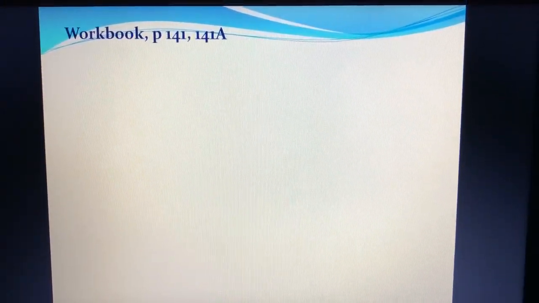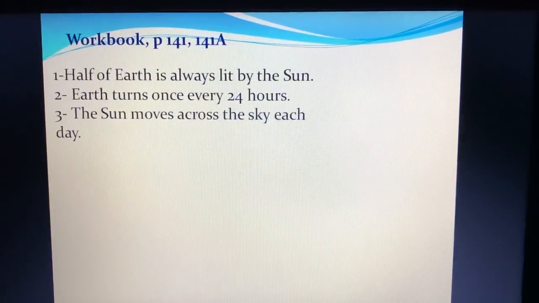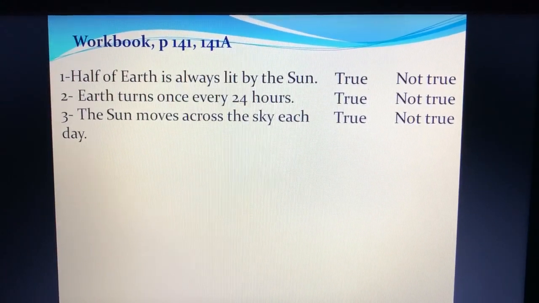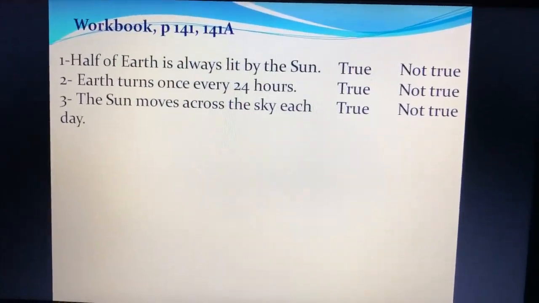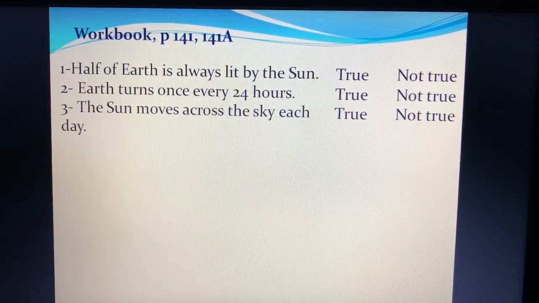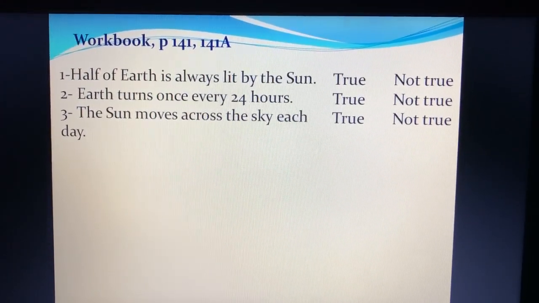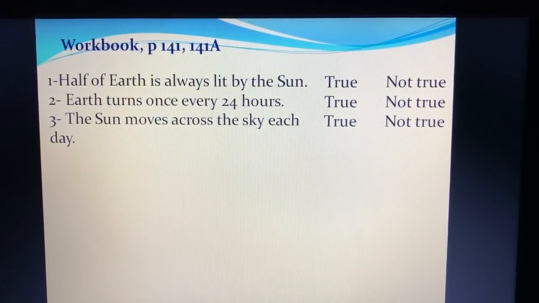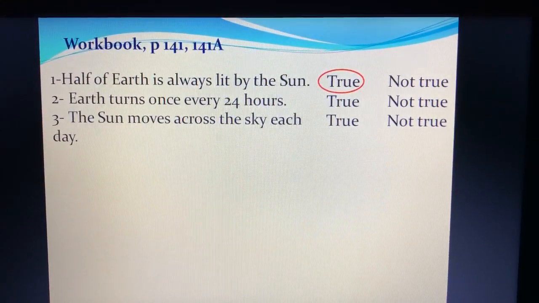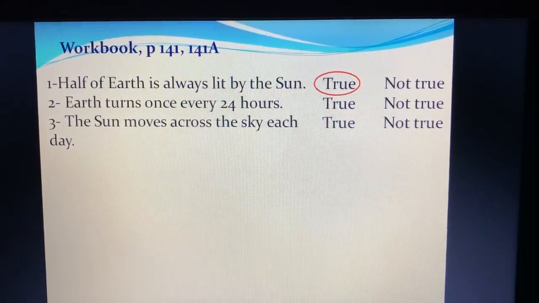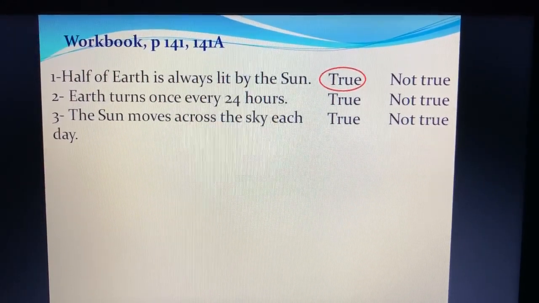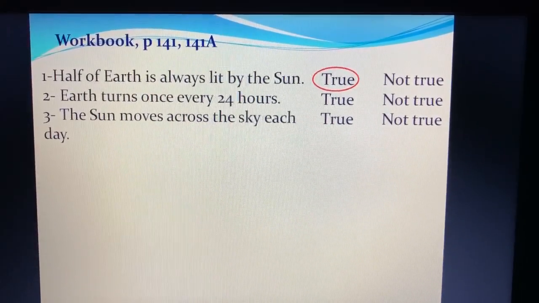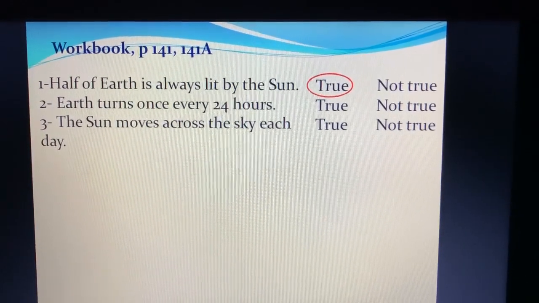Okay, grade 2, now we will move to the workbook and we will start with true and false. Are you ready? Then let's start. Number 1. Half of earth is always lit by the sun. What do you think? Of course, it's true. Number 2. Earth turns once every 24 hours.